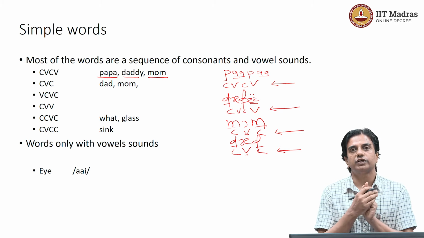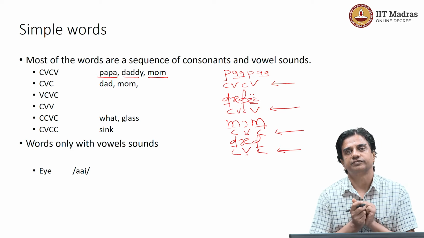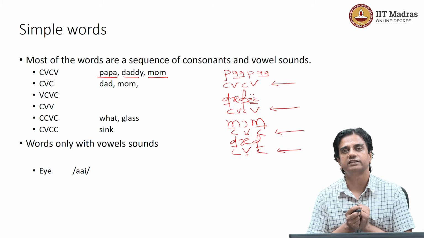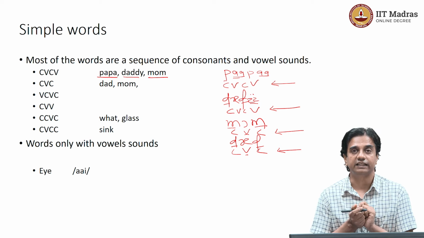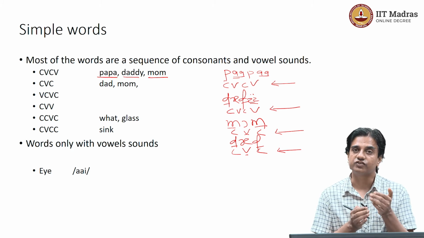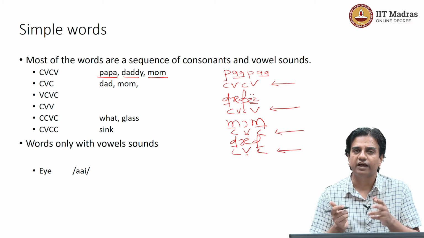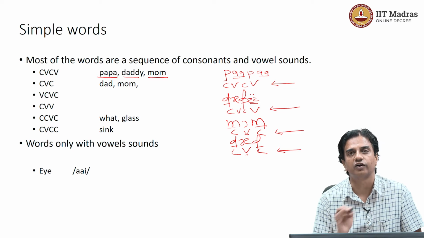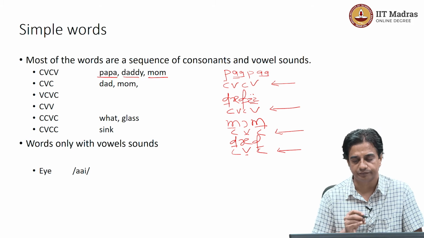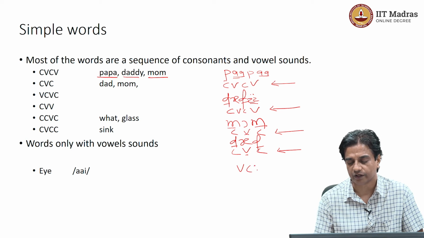I want you to understand these two things with clarity. One is, the order of sounds is not random in the sense that it will have consonant, vowel, consonant, vowel, and then alternation of these things. It could also be consonant, vowel, consonant. A word could also begin with just a vowel sound.